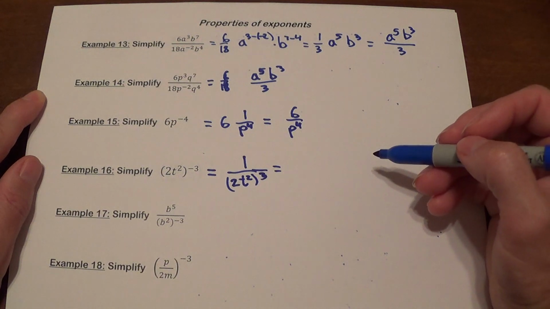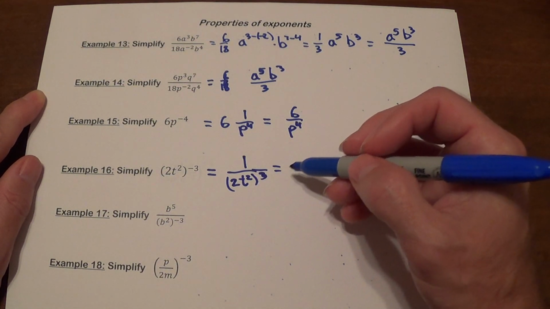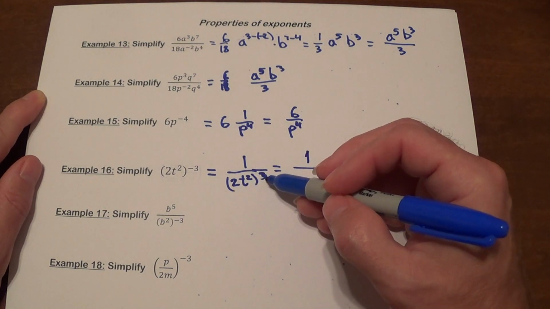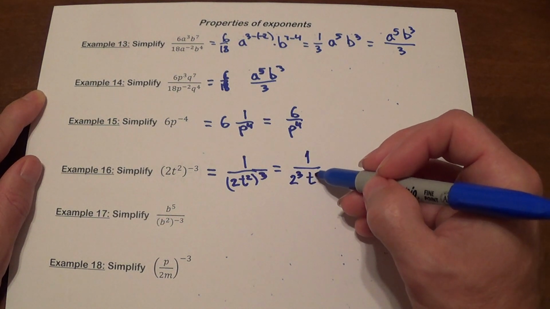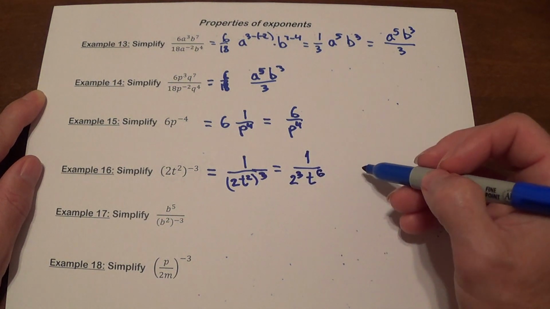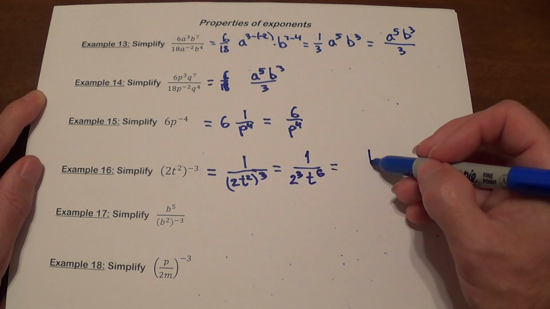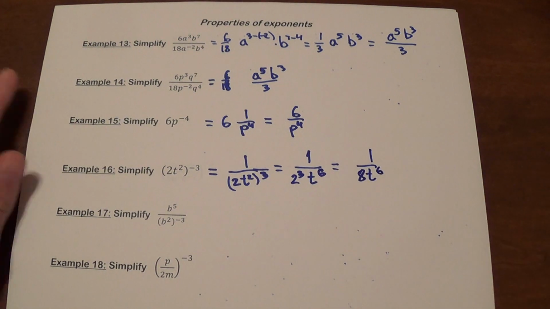Now you can go ahead and take care of that. So when you do this, it's going to be 1 over parentheses, exponent on the outside, 2 to the third times t to the 6, because you multiply the exponents, 2 times 3. And that's going to give you 1 over 8t to the 6th.